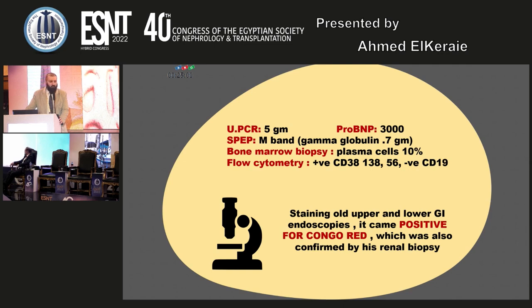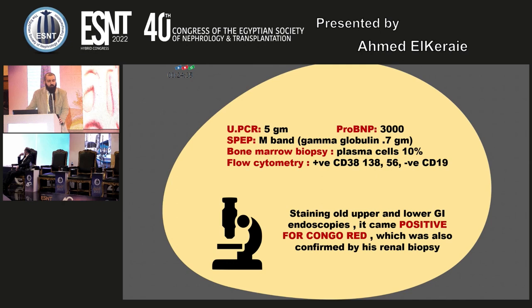Serum protein electrophoresis was finally done and showed an M band in the gamma globulin region of 7 grams. The bone marrow biopsy showed 10% plasma cells, and flow cytometry was positive for CD38, CD138, and CD56, and negative for CD19.